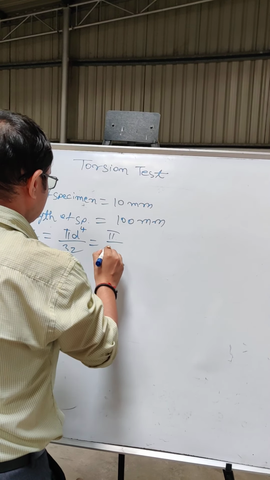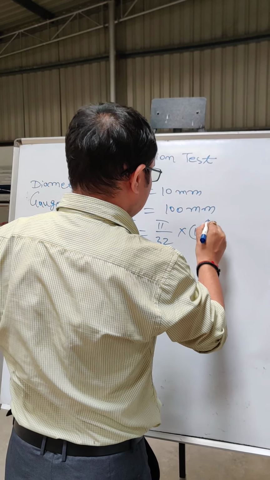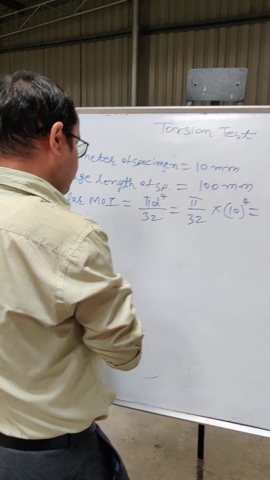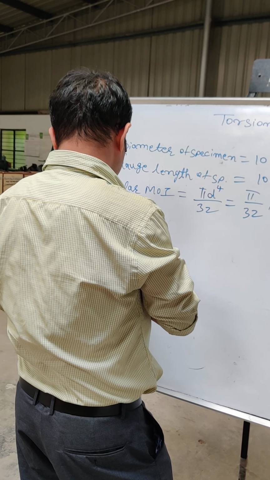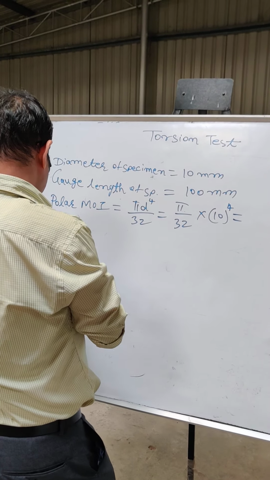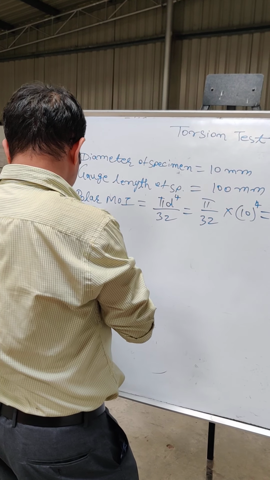So pi into 10 to the power 4 divided by 32.